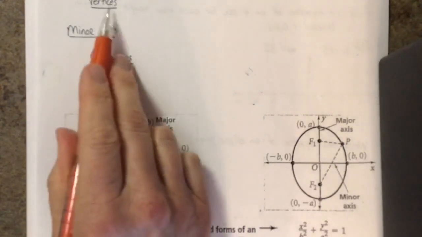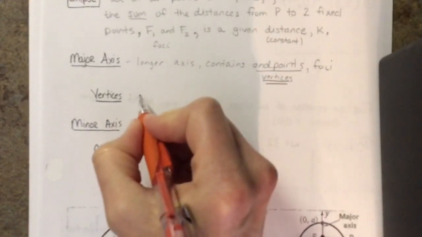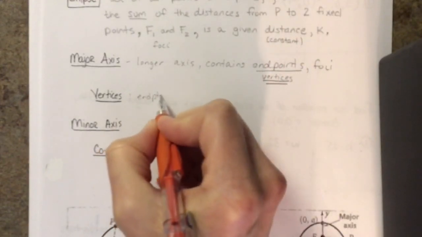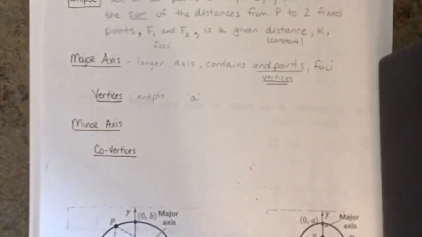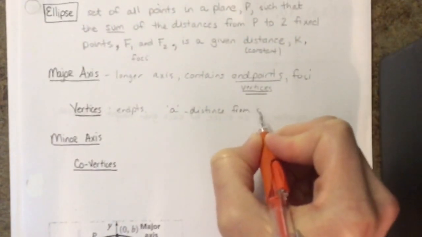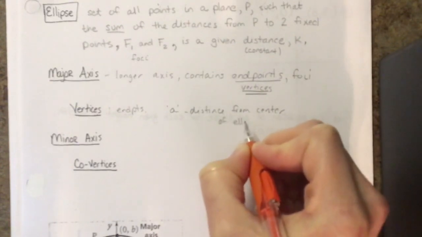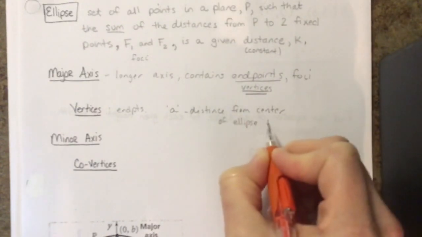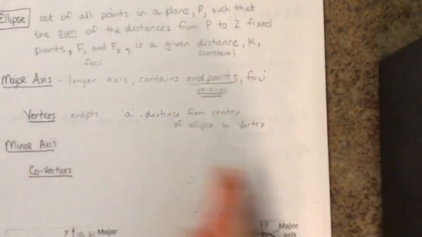Okay. So vertices, right? These are the endpoints. All right. And they're given by the distance a. a is the distance from what we call the center of the ellipse to a vertex. Vertices is plural for vertex.